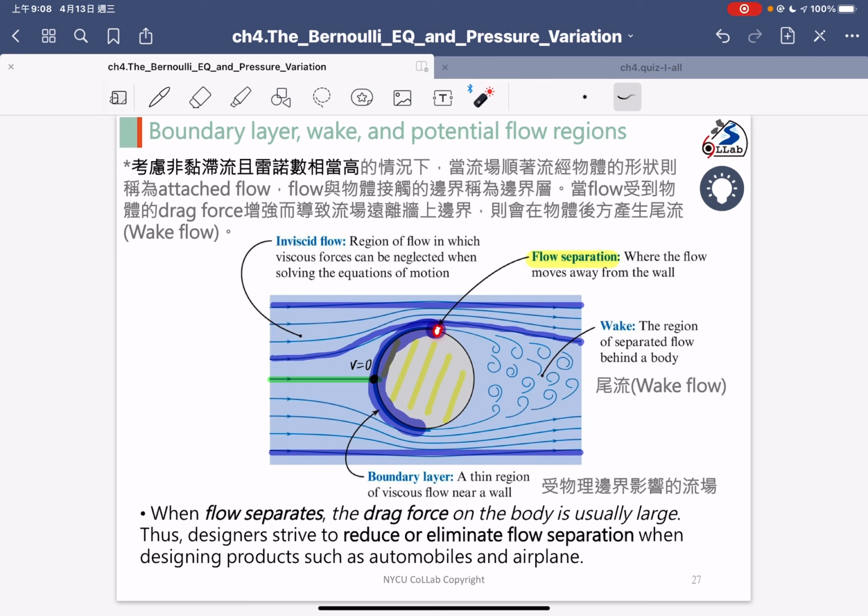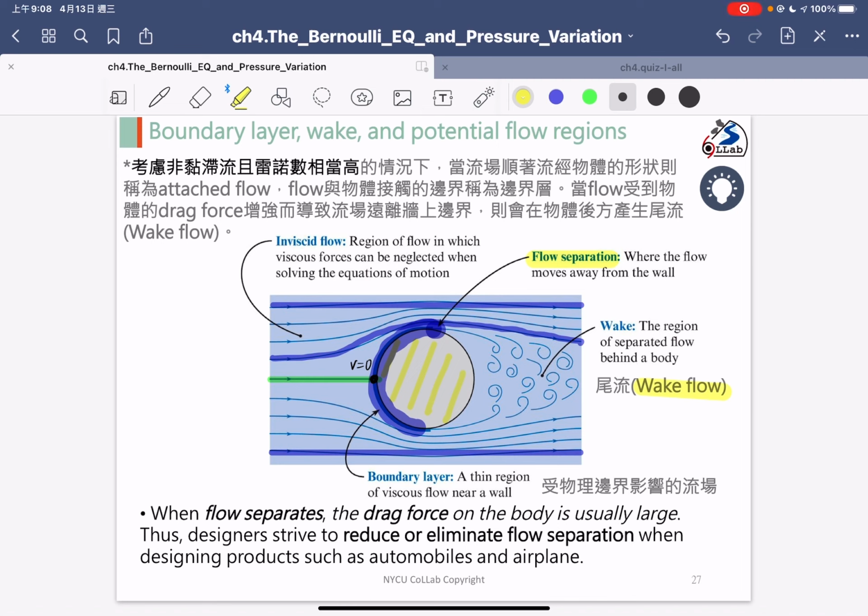After this point, the flow will separate. That means before that, the flow is attached to the body, but after this point, the flow will separate. So after the flow separates, you can see some eddy flow on here. We call that the wake flow.